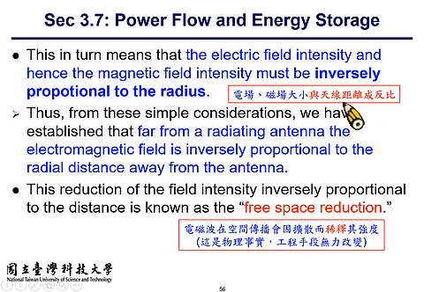And so because the power density is inversely proportional to the square of the distance, then the electric and magnetic field are inversely proportional to the distance.